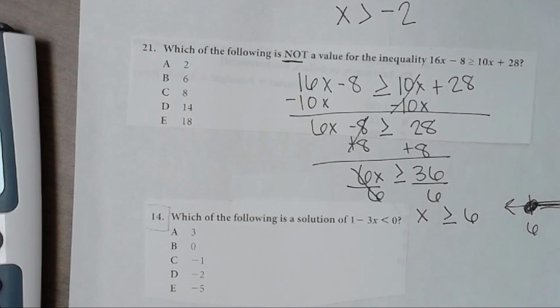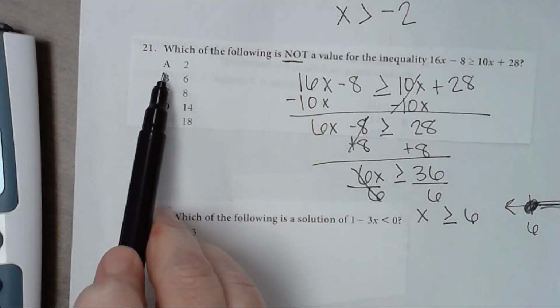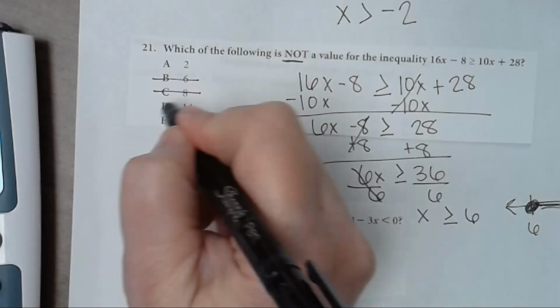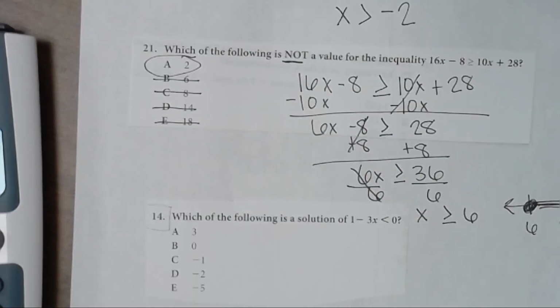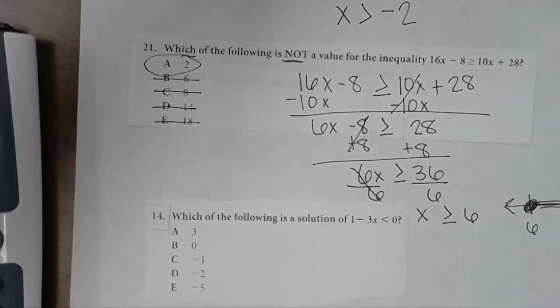So could it be 2? No, it could not. Could it be 6? Yes, it's not that one. It could be 8, 14, or 18. The answer here is 2. That is not a value for the inequality. Beware of little tricks like this. Don't just pick A without reading the other answers.